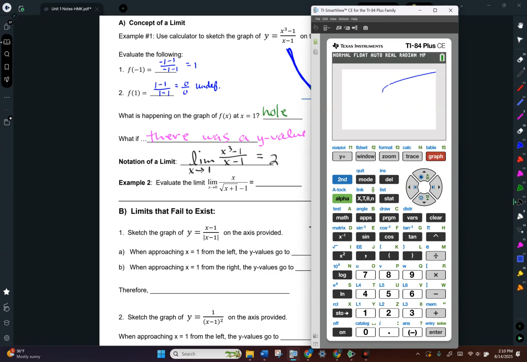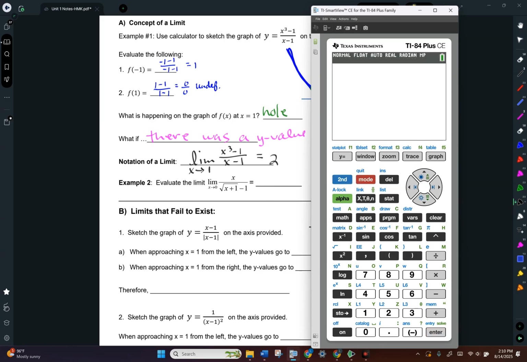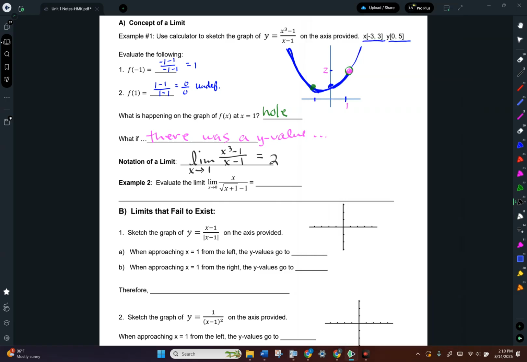So I couldn't see the space because the y-axis was going through there. I'm going to turn those axes back on. I will leave them black. Okay. So we said the predicted y value, if there was a point there, would be 2.